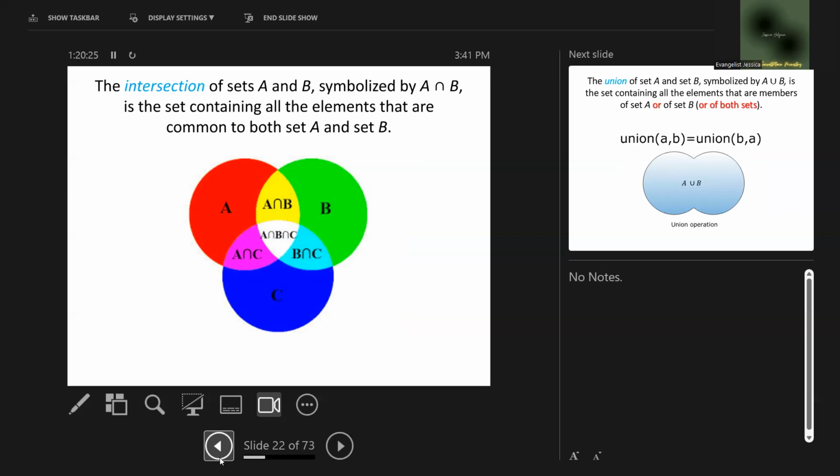Okay, so intersection means you're looking at the area where the members are in both set A and set B, for example, that yellow part. Okay.